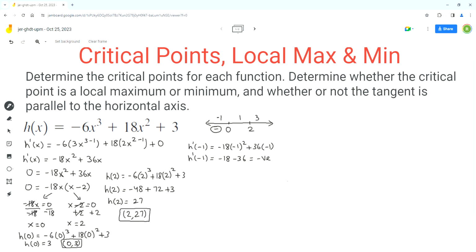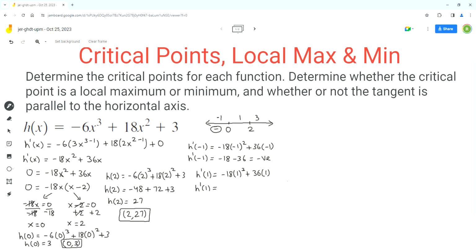Now we can analyze the middle part of the number line. So x equals 1. We sub in x as 1 in the prime function. So h prime of 1 equals negative 18 times 1 squared plus 36 times 1. Now we can simplify this expression.